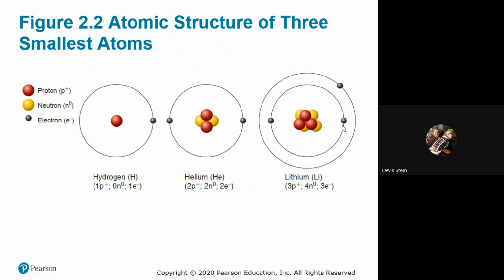Physical properties. Hydrogen. So understand, hydrogen normally just has a proton, we'll make that a positive, and an electron. So there's a hydrogen atom. Trouble is, having that one electron, it needs to either find another electron or lose that one.